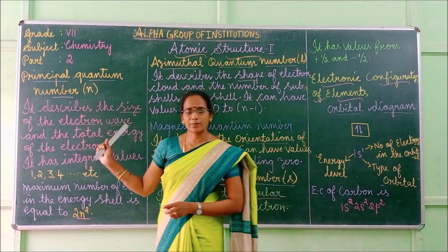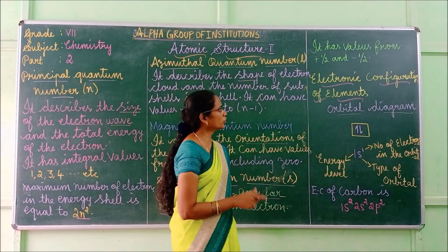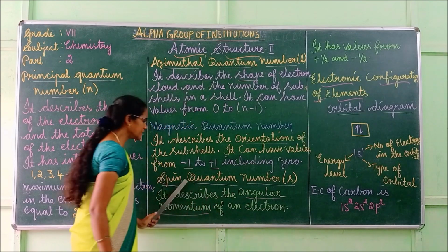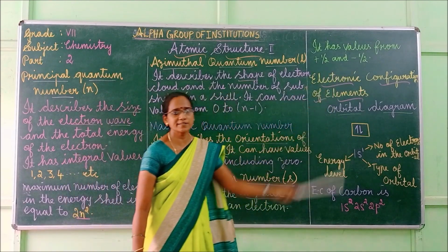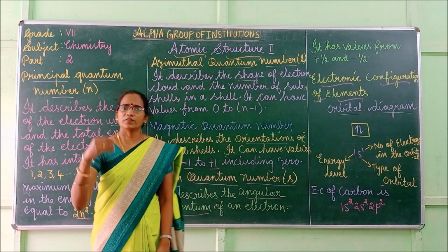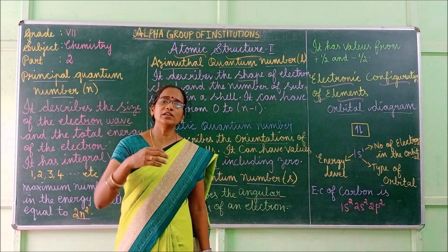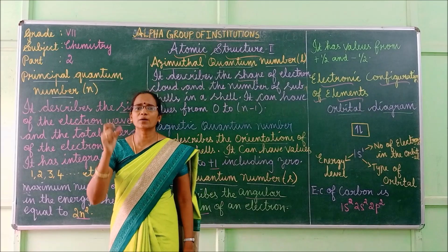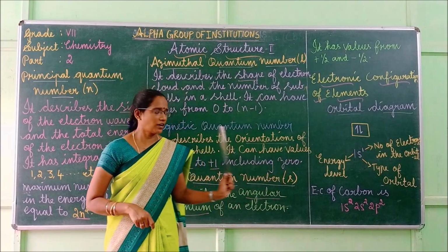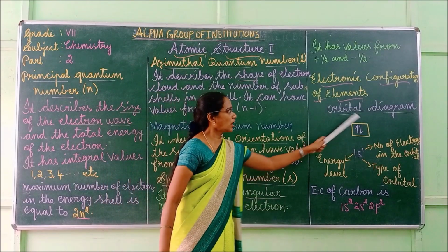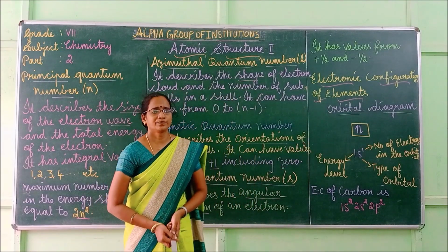It's a 5-mark question, right? Good. The spin quantum number has values +1/2 as well as -1/2. When you come to the next level, you can learn how to apply the values for filling the orbital.